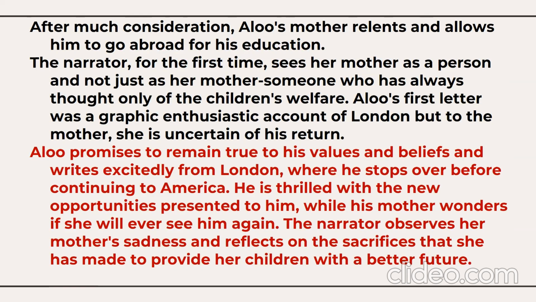Alu promises to remain true to his values and beliefs and writes excitedly from London, where he stops over before continuing to America. He is thrilled with the new opportunities presented to him, while his mother wonders if she will ever see him again. The narrator observes her mother's sadness and reflects on the sacrifices that she has made to provide her children with a better future.